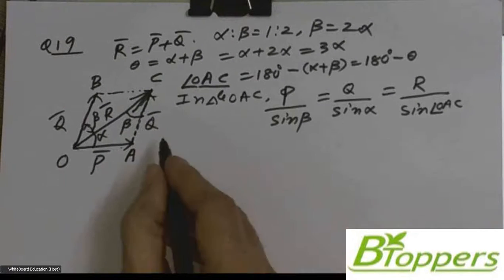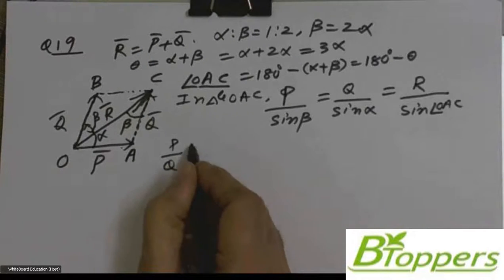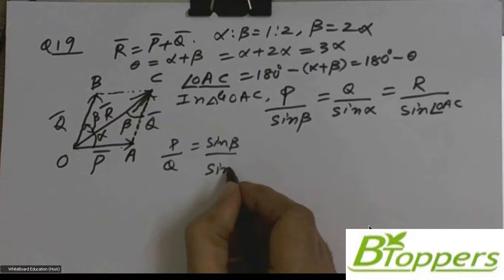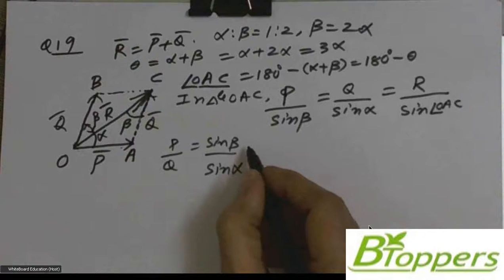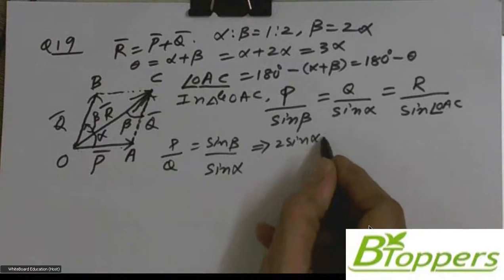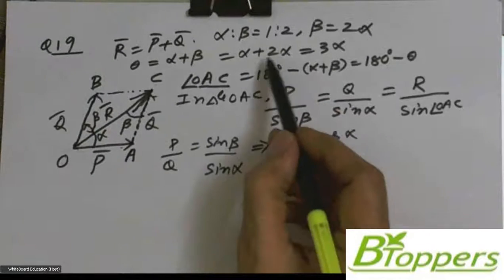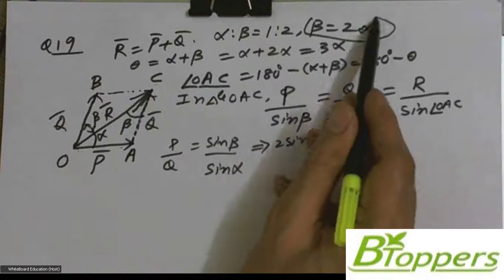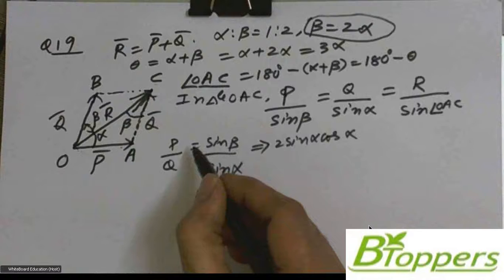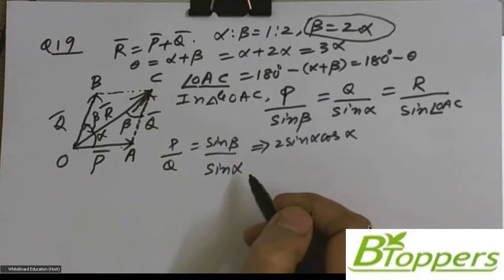If you consider the first and second, you can write P by Q equal to sine beta by sine alpha. Substituting beta equal to 2 alpha, P by Q will be sine 2 alpha by sine alpha.